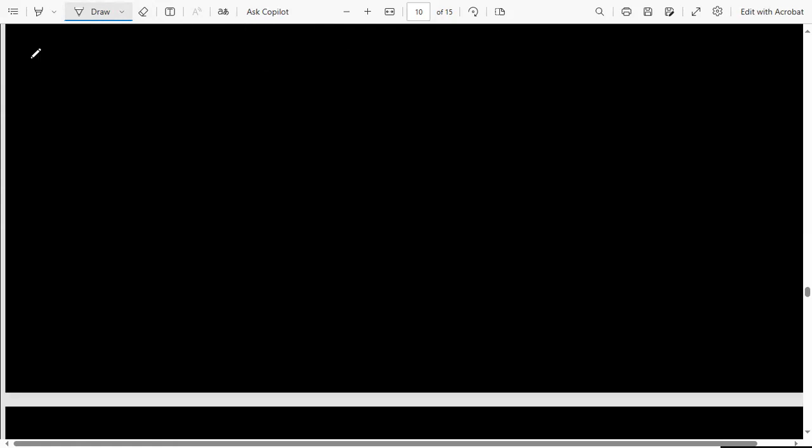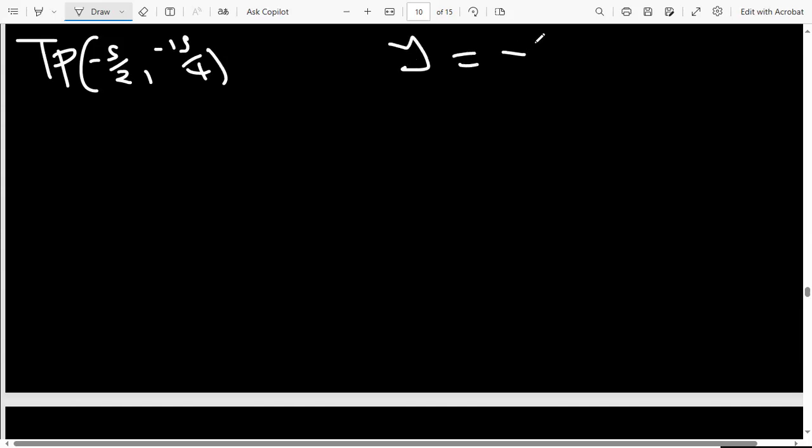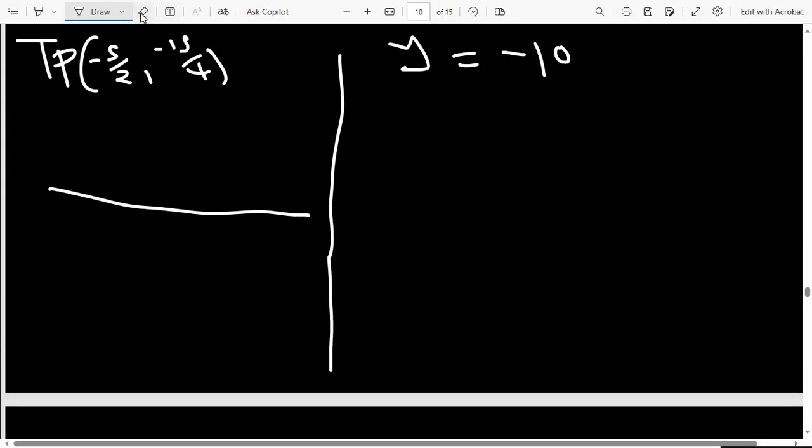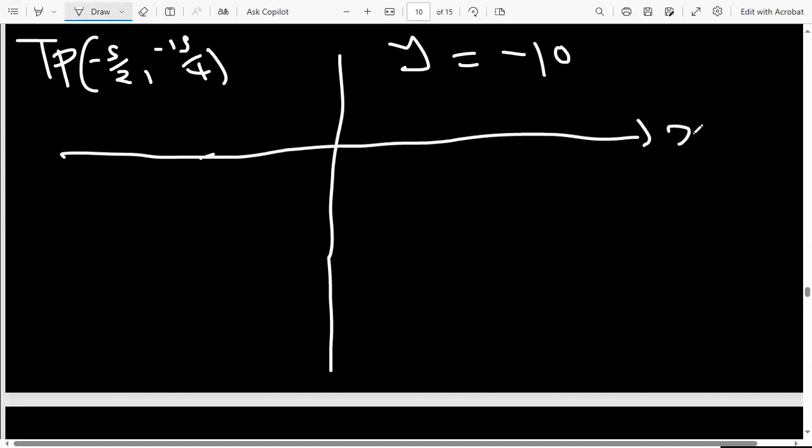So the turning point, let's write it here. The turning point was minus 5 over 2, then minus 15 over 4. And the y-intercept was minus 10. So you can sketch this, guys. You write your y-axis and your x-axis somewhere here. Let me do it properly. So this will be your x, this is my y.